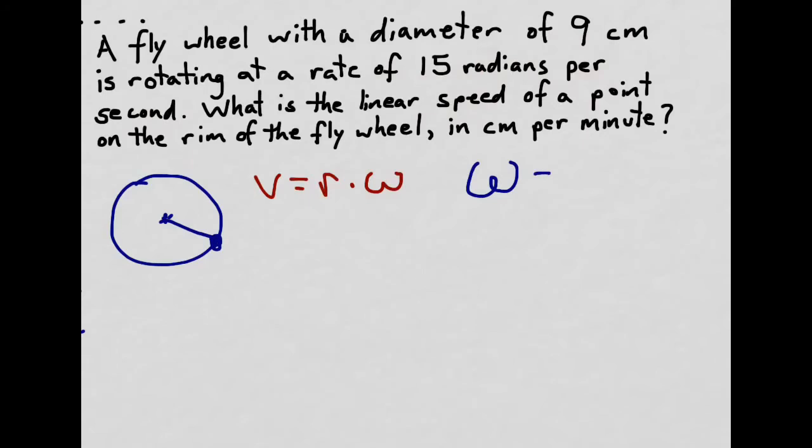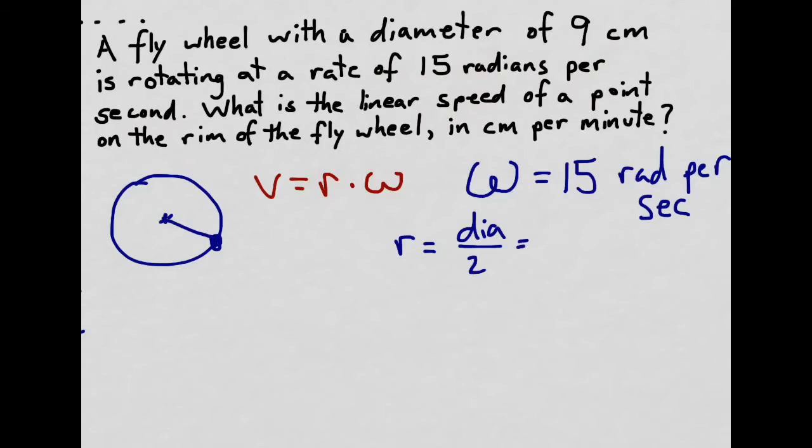So omega equals 15 radians per second. The value 9 is given as the diameter, so it's not quite the r value that we'd like, but it's related to it. The radius is exactly half of the diameter, so if we take that diameter value divided by 2, 9 divided by 2 is 4.5.